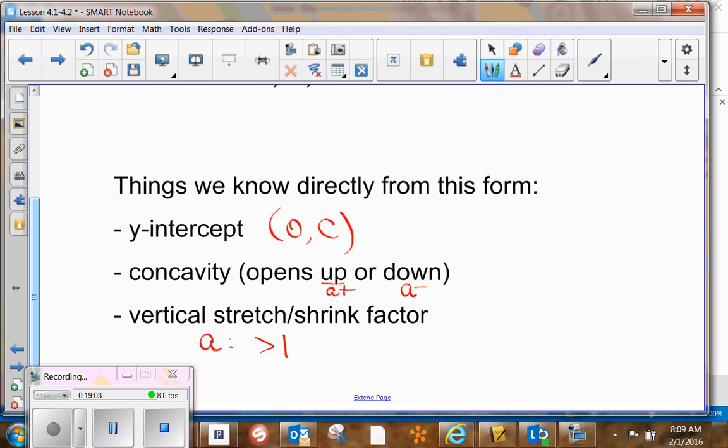It stretches it, which makes the graph skinnier. And then if it's a fraction, we can tell all those probably.